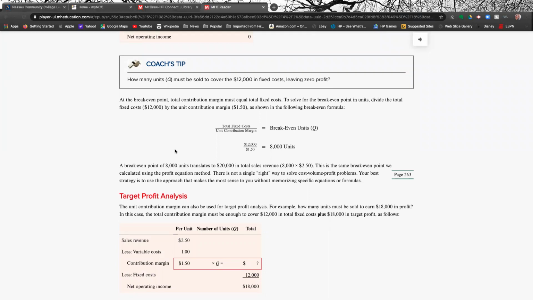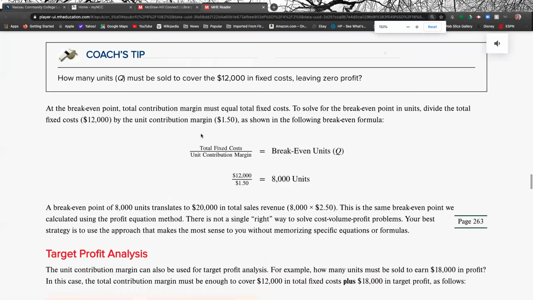Break-even point in units. In other words, in the Starbucks example, how many cups of coffee must I sell in order to break even? Fixed costs divided by unit contribution margin.